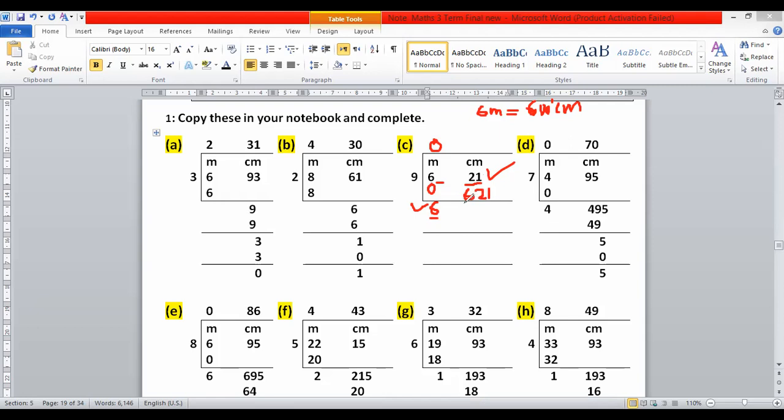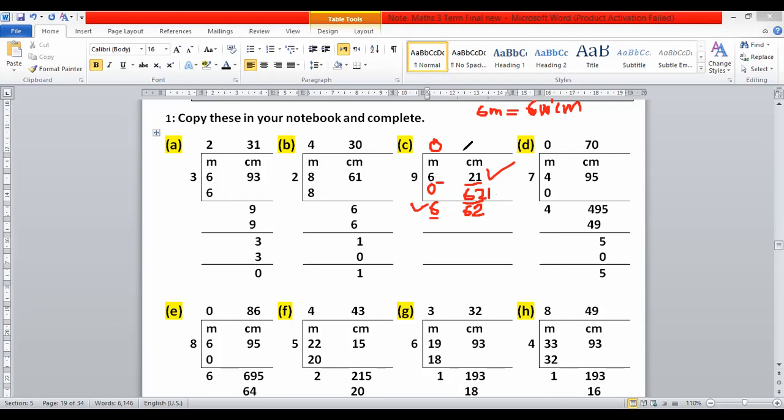So first of all we divide digit by digit. Here we have 6, so we are not able to divide 6 by 9, so we take the first two digits, 62. You can divide digit by digit, it's up to you. First we put 62 down.